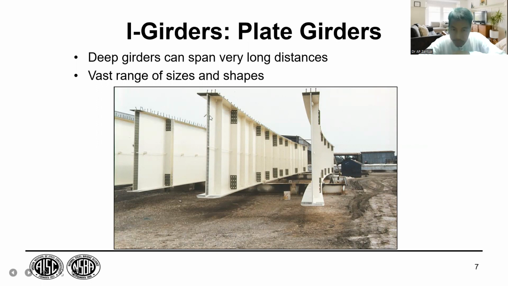These plates are actually a brace. Brace meaning it supports, it adds strength. That is what we mean by bracing. We want to add strength to the girder. Deep girders can span very long distances, with a vast range of sizes and shapes.